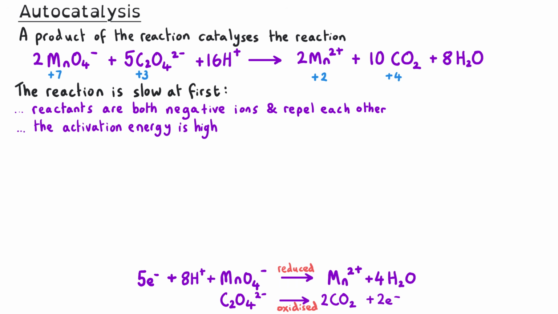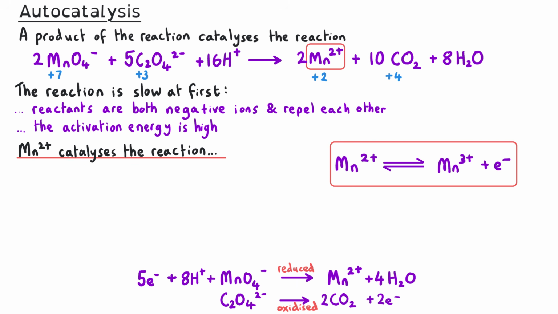But as the manganese 2+ ion is produced, the reaction rate will speed up because manganese 2+ ions can catalyze this reaction. And this is made possible because manganese 2+ can be oxidized into manganese 3+, producing 1 electron, and then it can be reduced back into manganese 2+.